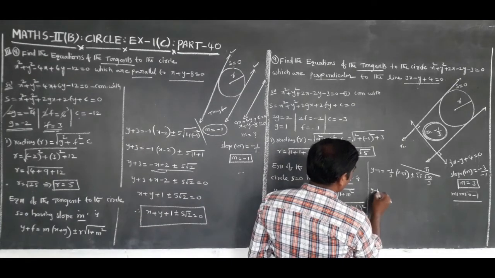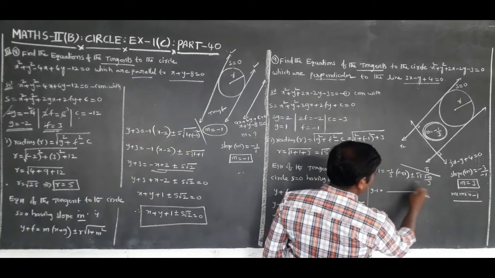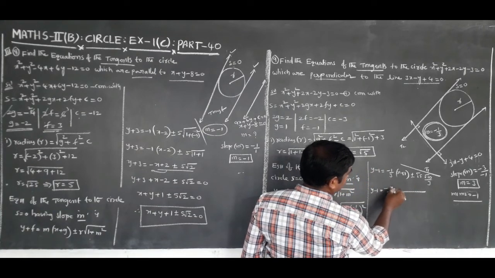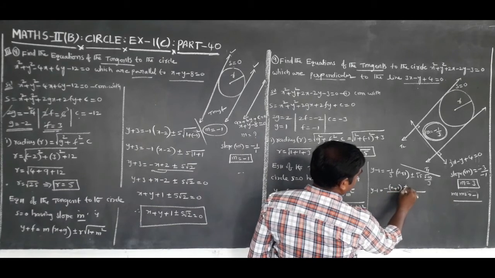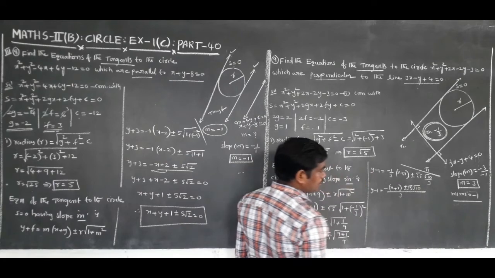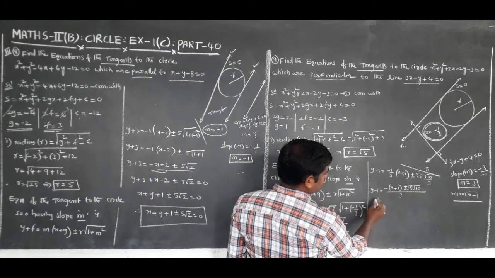Here taking LCM 3, minus 1 into x plus 1 plus or minus root 5 into root 10. Taking 3 to the left side.